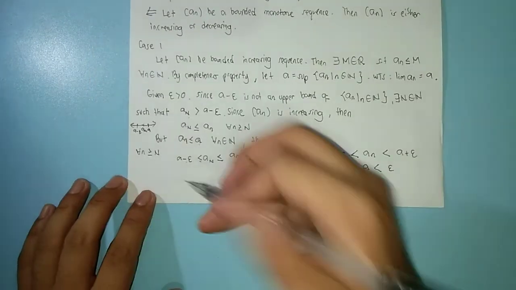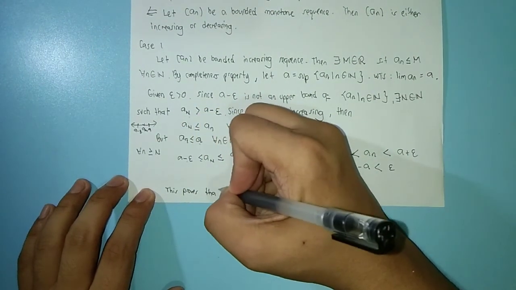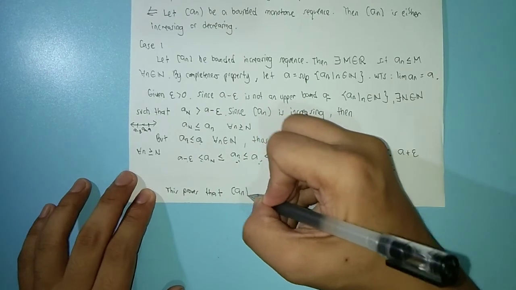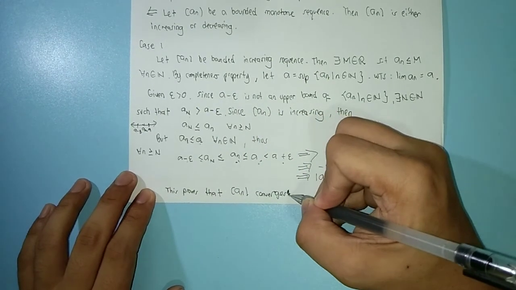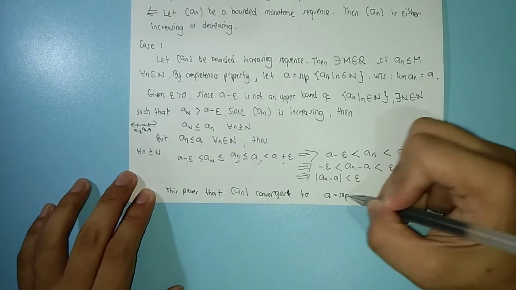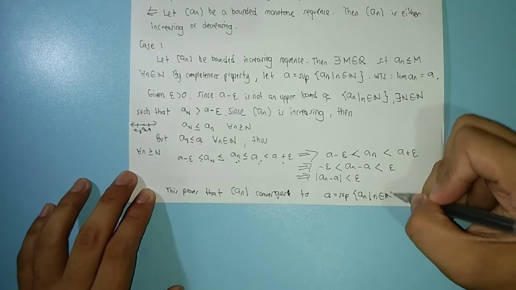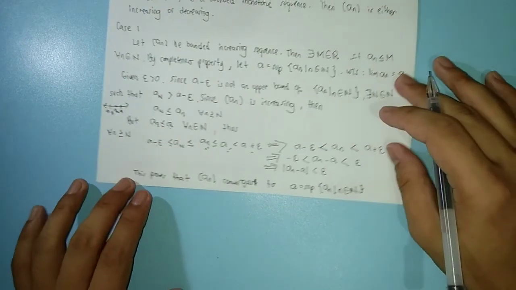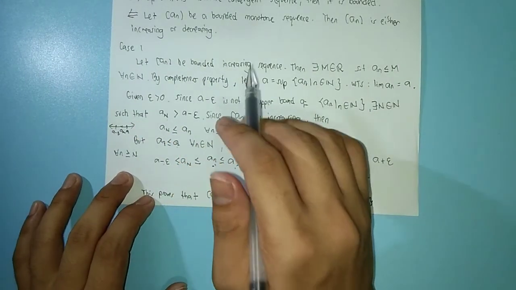So this proves that the sequence a sub n converges to A, which is yung supremum ng a sub n. Okay? So ito ay for case 1 lang para sa increasing sequence.